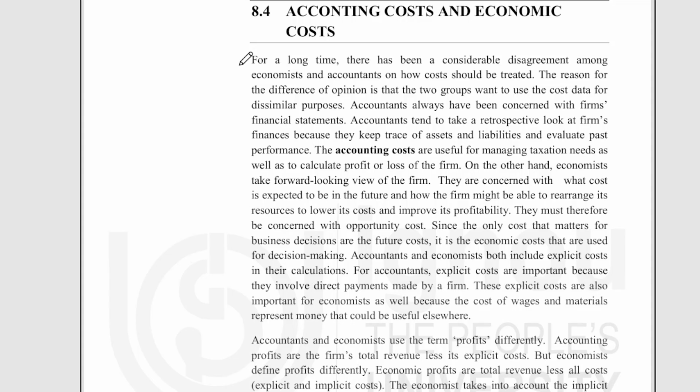The reason for the difference of opinion is that the two groups want to use the cost data for dissimilar purposes. Accountants have always been concerned with the firm's financial statement, and they tended to take a retrospective look at firms' finances because they keep track of assets and liabilities and evaluate past performance. Accounting costs are useful for managing taxation needs as well as to calculate profit or loss of the firm.